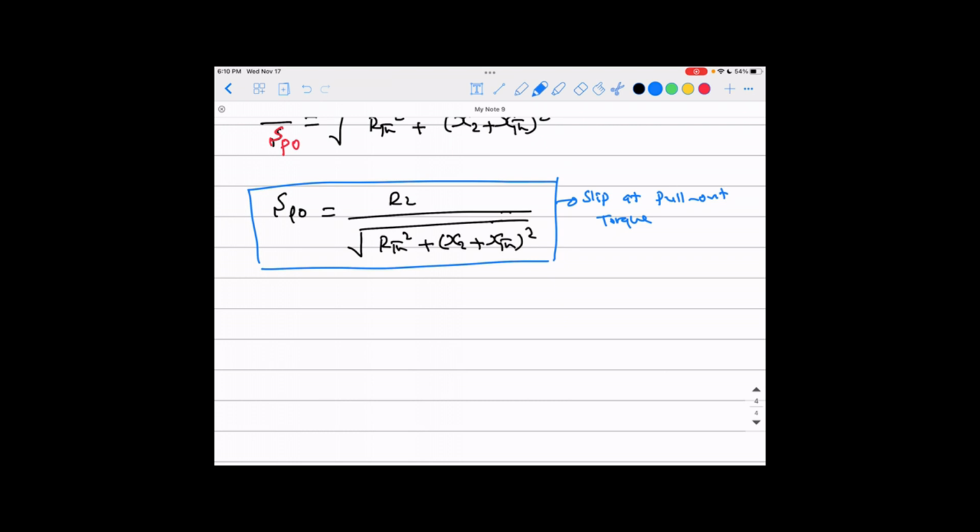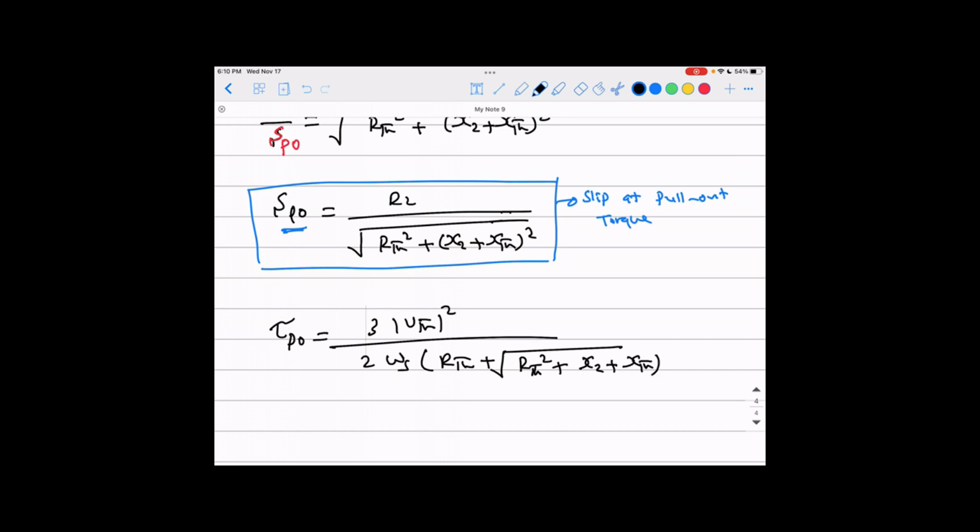Okay? How do you find the pull-out torque itself? Simply take this slip at the pull-out torque and substitute it in your torque speed characteristics. And this will give you the pull-out torque itself, equal to 3 V Thevenin as a magnitude squared divided by 2 omega S times R Thevenin plus the square root of R Thevenin squared plus X2 plus X Thevenin all squared.